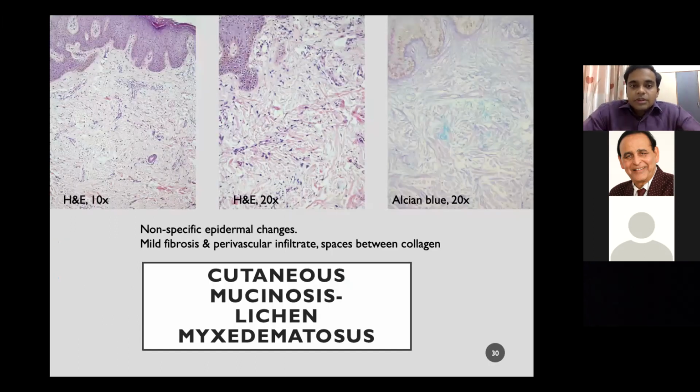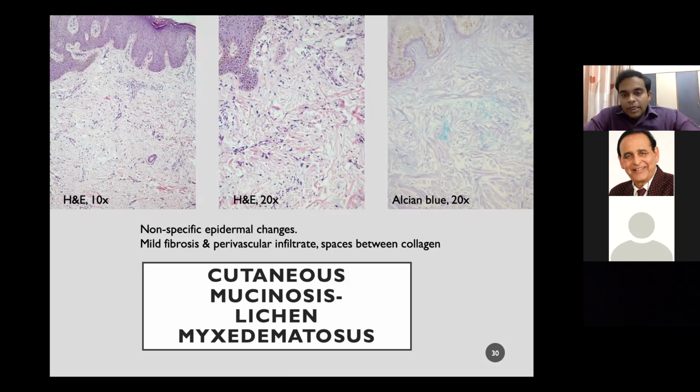Then mucinosis is again one tricky chap because in histopathology, these are subtle disorders. Okay, in hematoxylin eosin, you may not notice mucin at all. As soon as we know that there is a diagnosis of mucinosis, we have that suspicion clinically. But in histology, don't expect pools and pools of mucin.